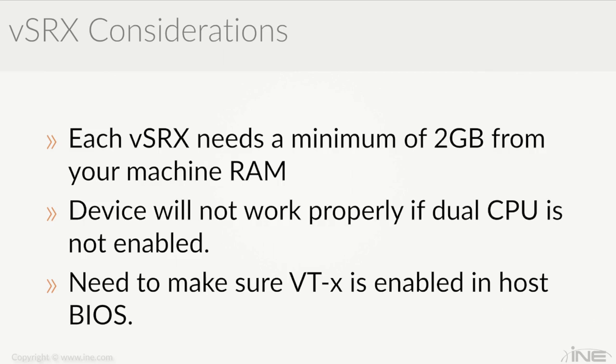And as a prerequisite to be able to enable dual CPU on a level 2 hypervisor such as the Oracle VirtualBox, you will need to make sure that VT-x is enabled in your host machine's BIOS. And here I'm talking about your physical machine where you're running whichever hypervisor, VMware or VirtualBox. You need to go to the BIOS of this machine and enable hardware virtualization specifically, so that when you reboot, dual CPU can be enabled.